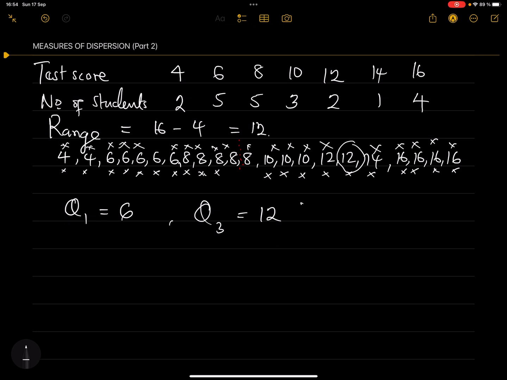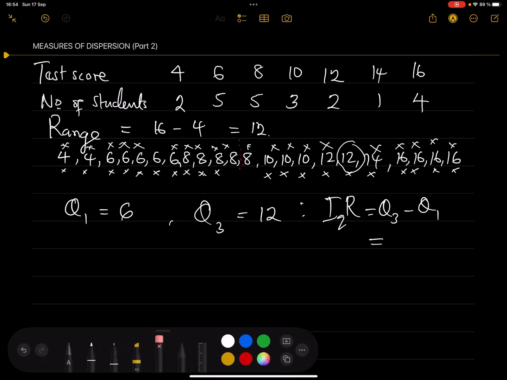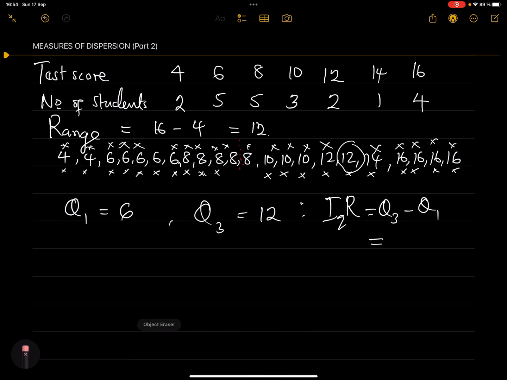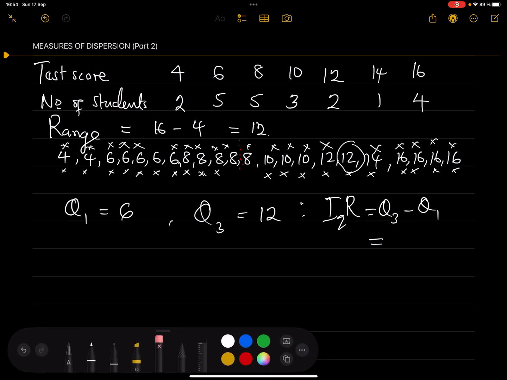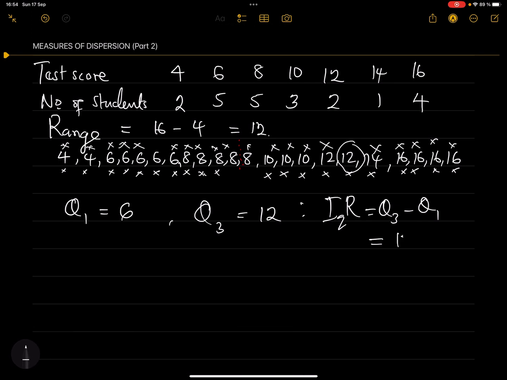With this, we can now get our interquartile range, which is Q3 minus Q1. This gives 12 minus 6, which is 6.